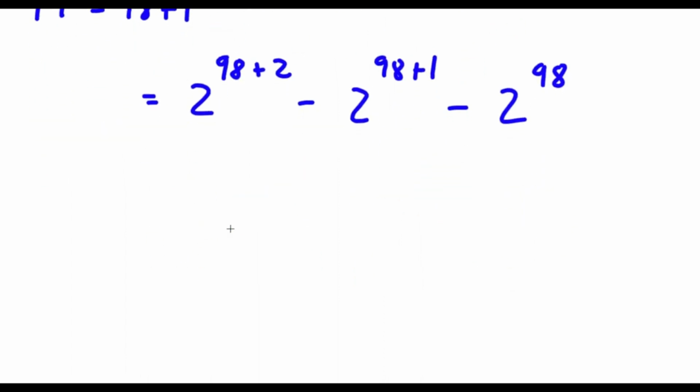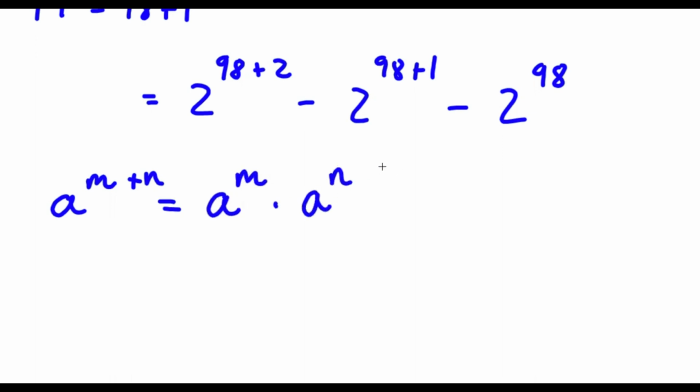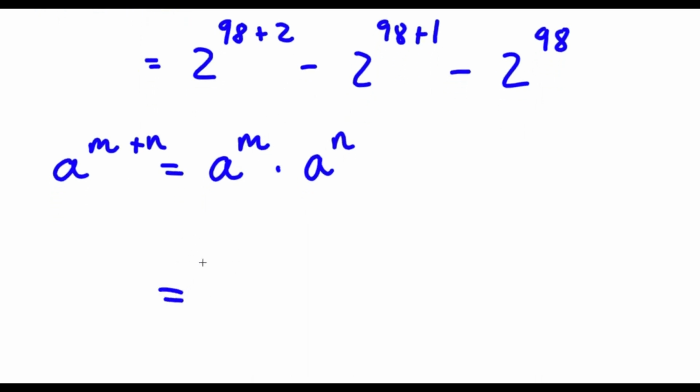So now, if I have something in the form a to the power of m plus n, this is equal to a to the power of m times a to the power of n. So in this case, 2 to the power of 98 plus 2, let's first start with that. That's going to equal 2 to the power of 98 times 2 to the power of 2.